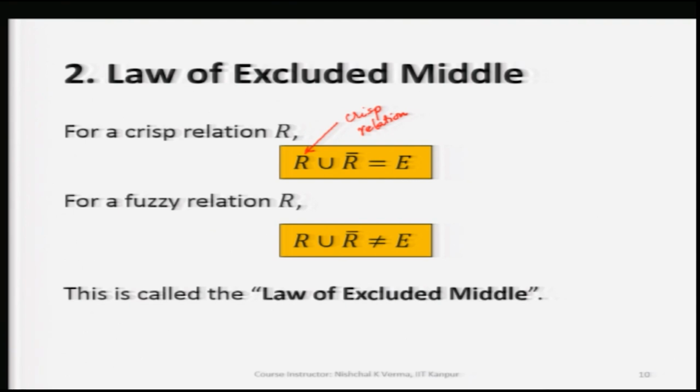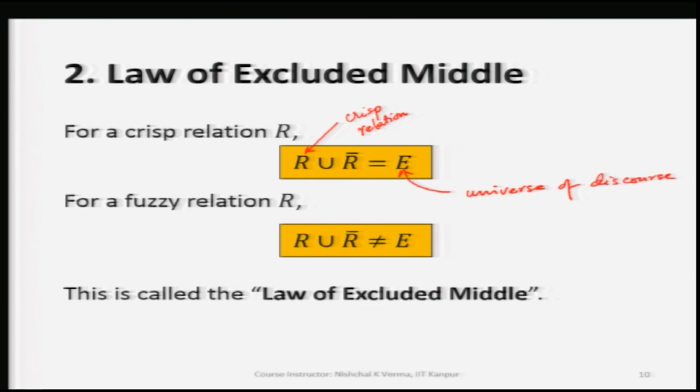This means that if we take the union of a crisp relation and its complement, we are going to get capital E. Capital E is nothing but the universe of discourse.